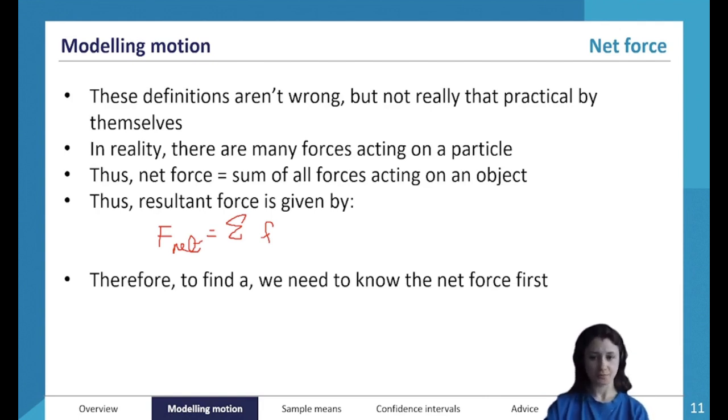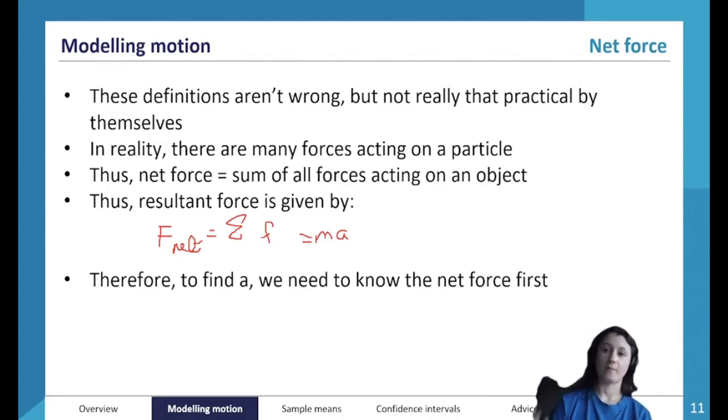And as a result of that, this is equal to MA, because remember F net is equal to MA. You find the net force and you have the mass of the object, you can find how it will accelerate. So to find the acceleration, we need to find the net force first.